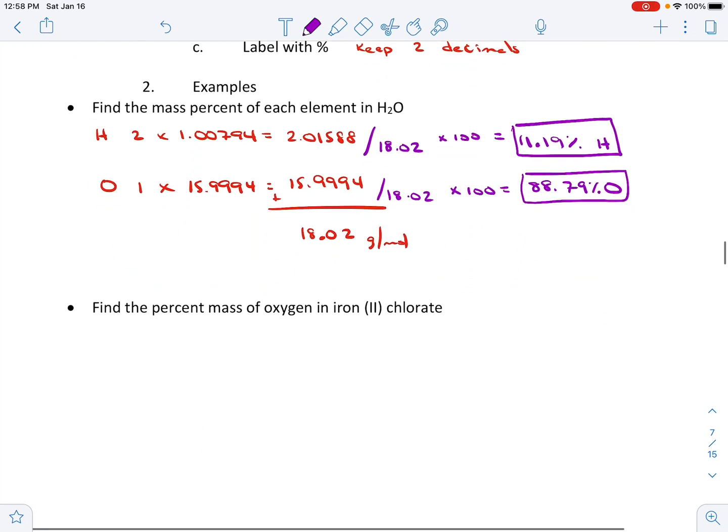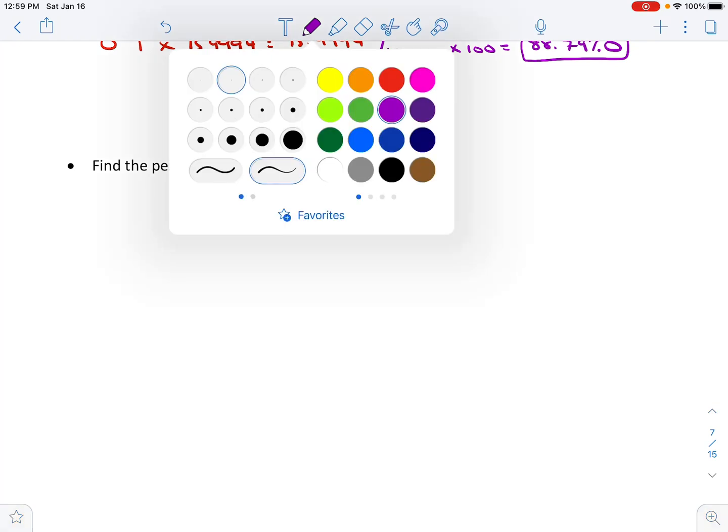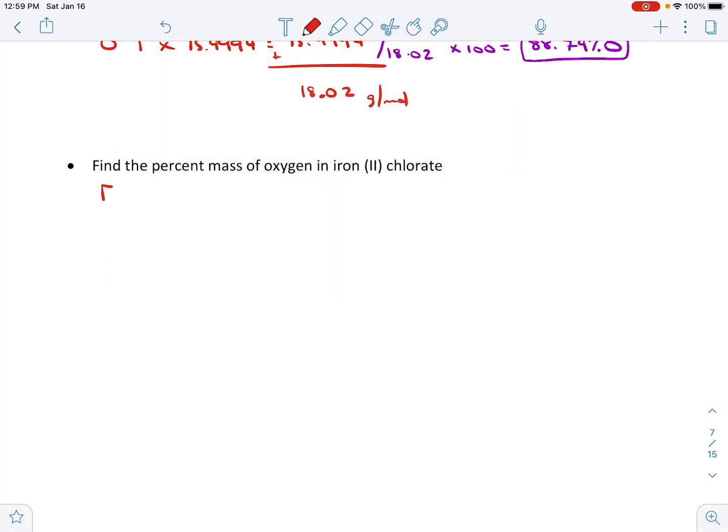Let's try the same thing down here, except it makes it a little bit easier for us. In fact, it says find the mass percent of oxygen in iron(II) chlorate. If you remember in our last video, we found iron(II) chlorate. Its formula was Fe(ClO3)2. Yes, you could have just flipped back and found that. So now we have iron, we have chlorine, and we have oxygen.